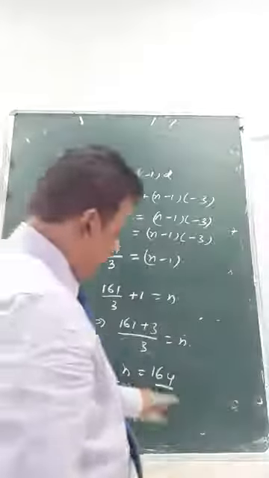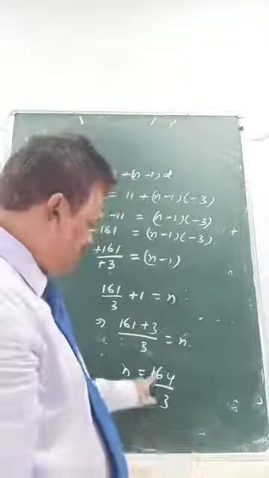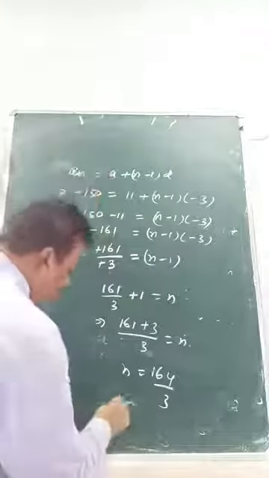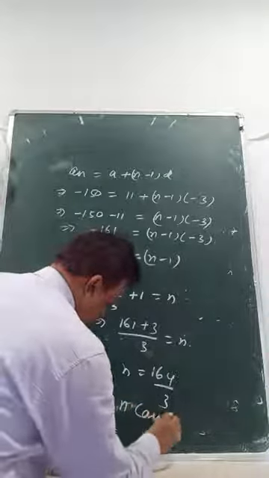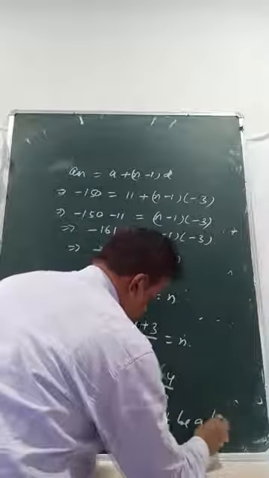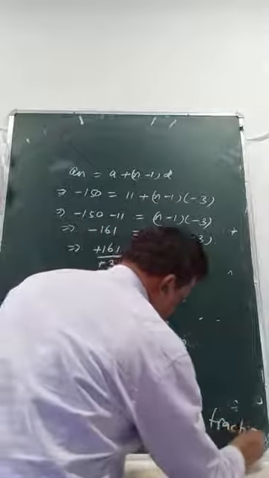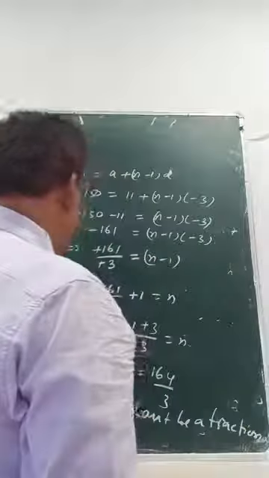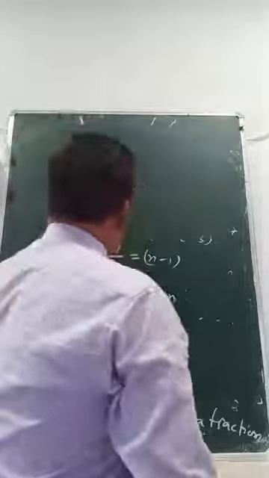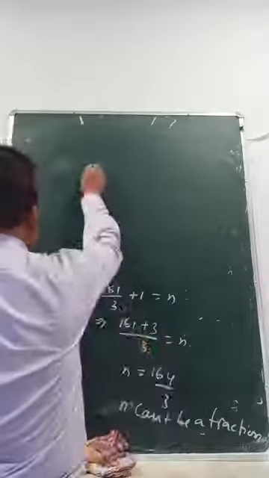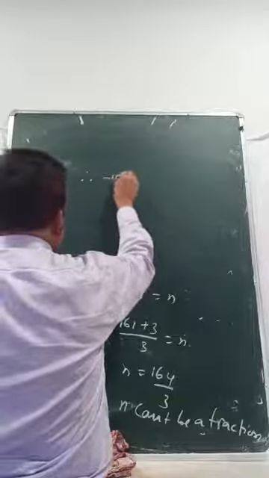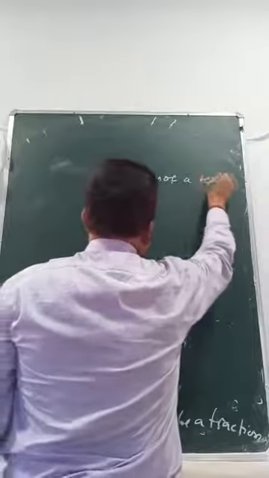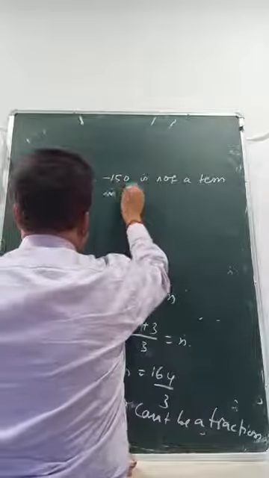So when you divide, this becomes a fraction. Number of terms cannot be a fraction. Why? Because n means number of terms. Therefore, minus 150 is not a term in the AP.